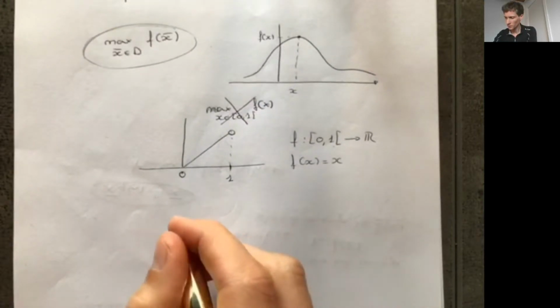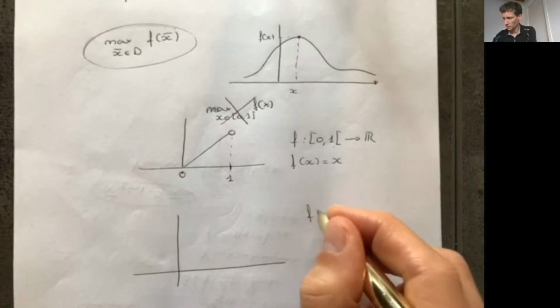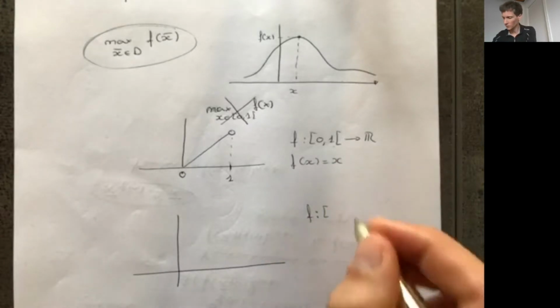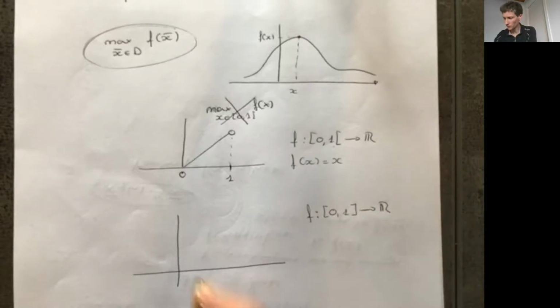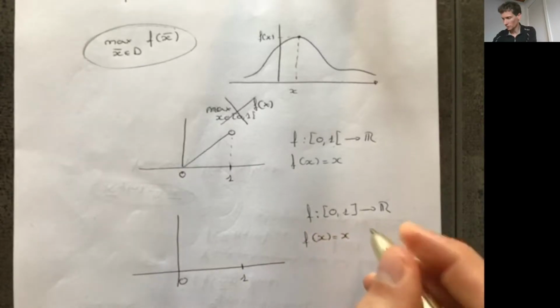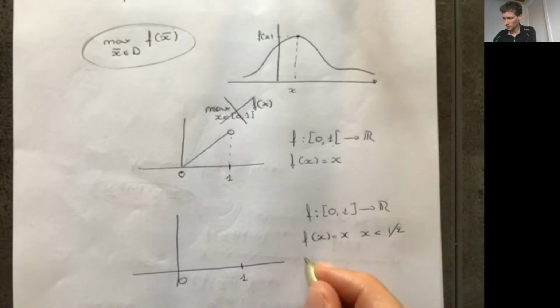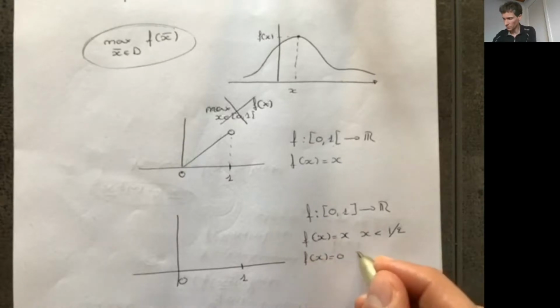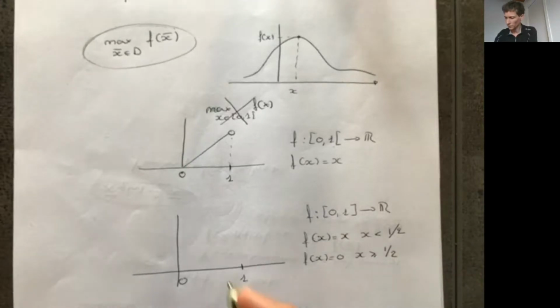So consider another problem. Again, let f go from 0, 1 to R. Now it's a closed interval, and let, for example, f of x be equal to x for x smaller than 1/2, and let f of x equal 0 for x greater or equal to 1/2. So here we have the value 1/2.